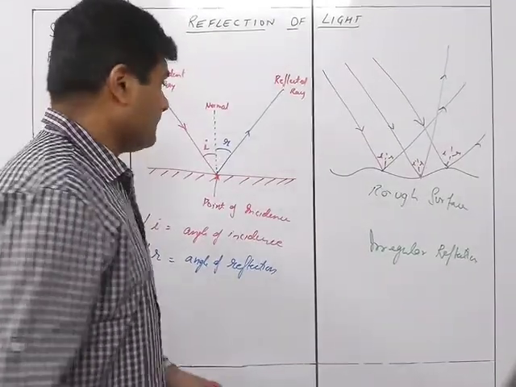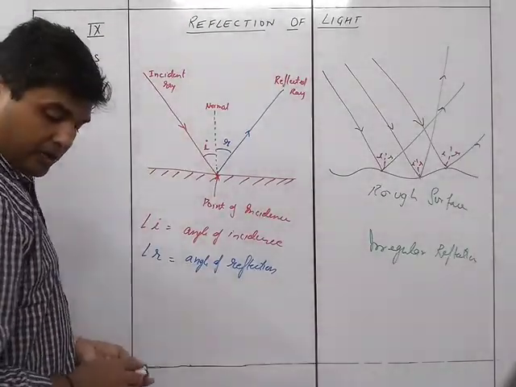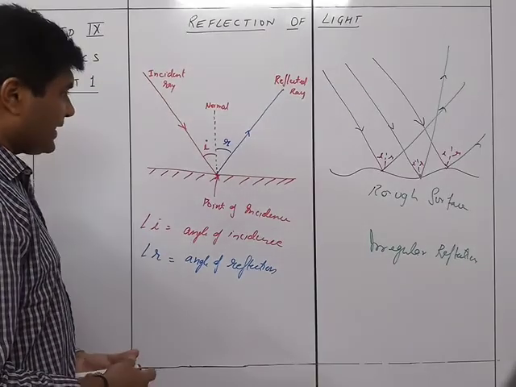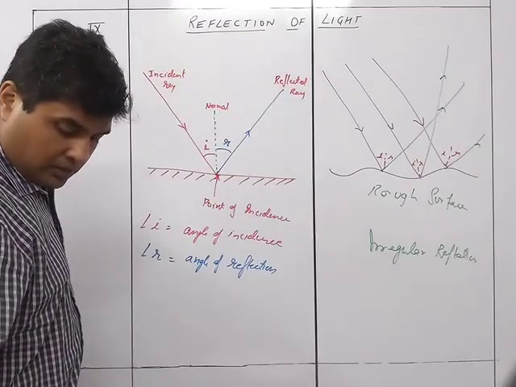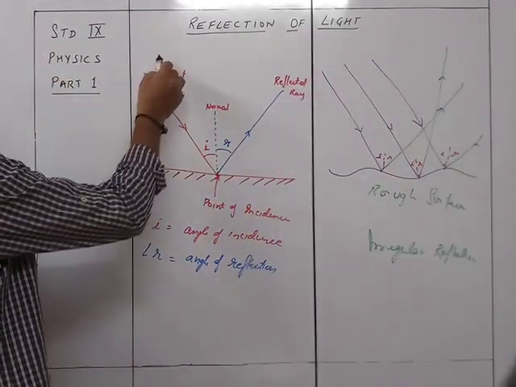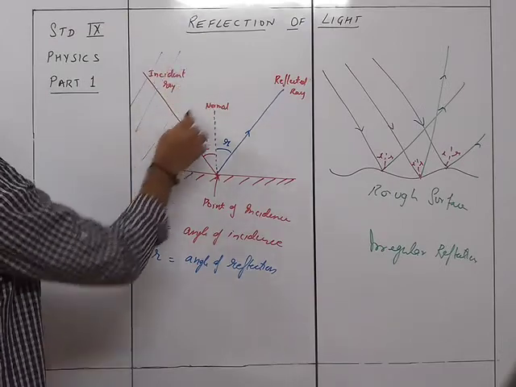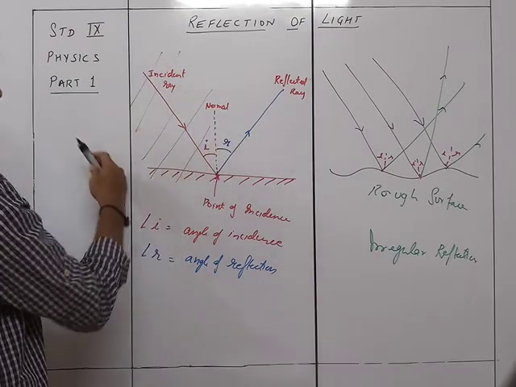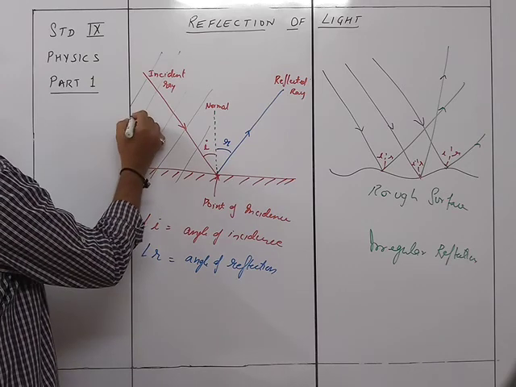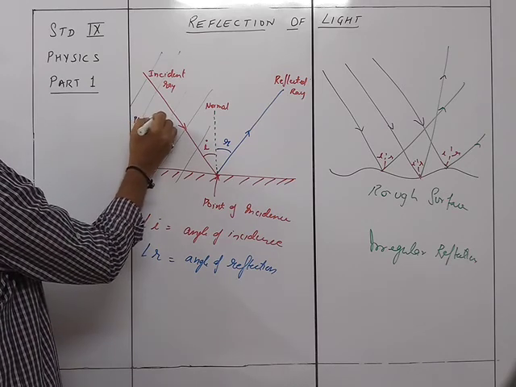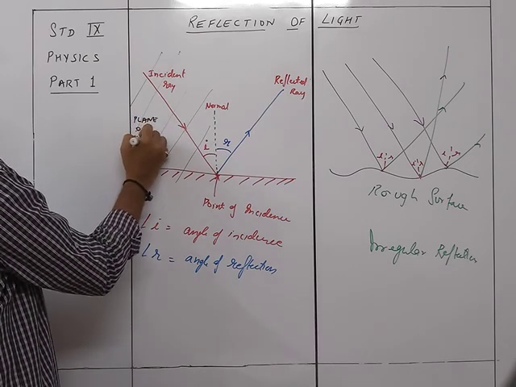Then comes the plane of reflection. So if we see, I'll just show it this way. This area over here, the part on this side of the normal, is the plane of incidence.